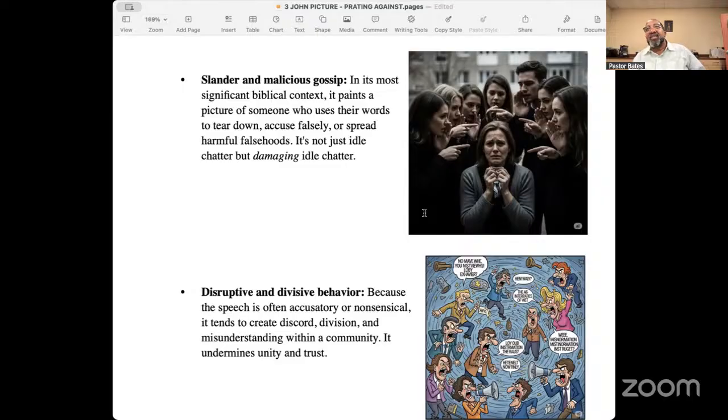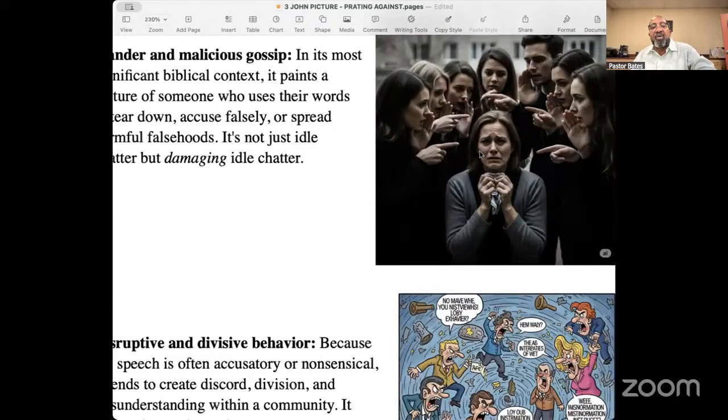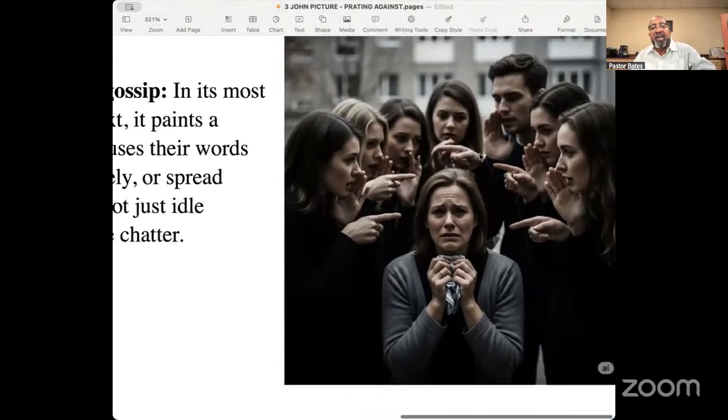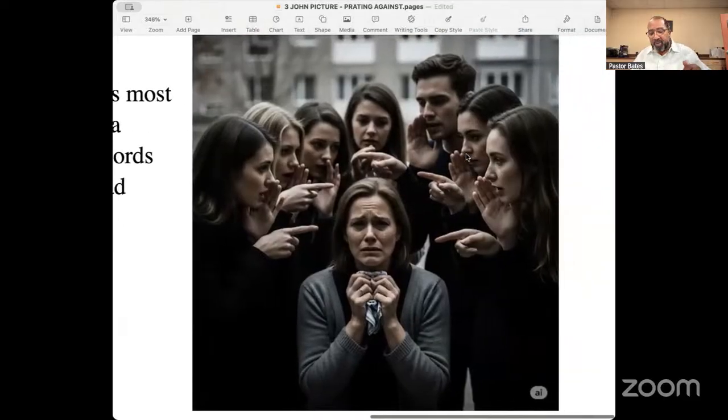Just imagine Diotrephes and his crew of friends and foes who are intent on destroying you with empty rhetoric that is of no substance. That's the idea for that picture that we're looking at.